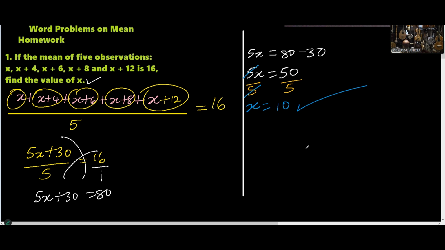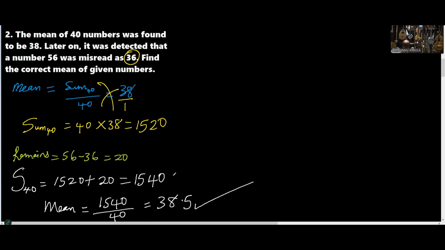It's 80. Then 5x plus 30 equals 80. You bring the 30 over to the other side, making it negative. Then you subtract, which is 5x equals 50, and you divide by 5. x is 10.